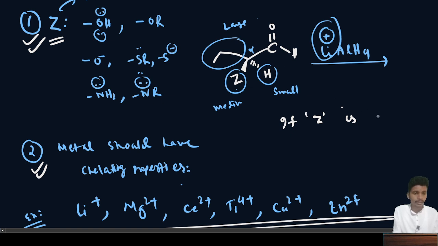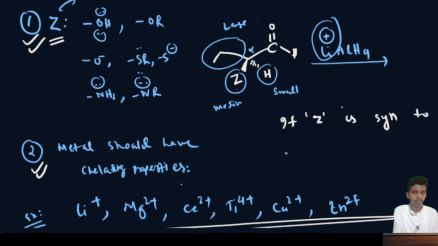So with respect to Z, if Z is seen to the CO group, then the attack will be from the small group side.